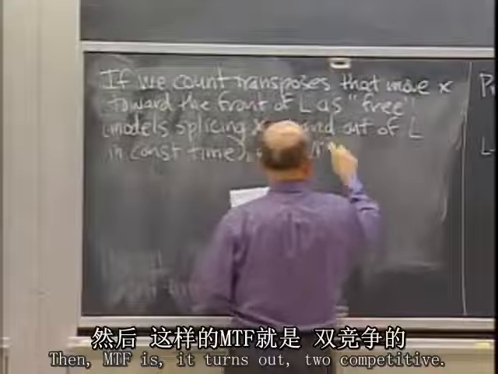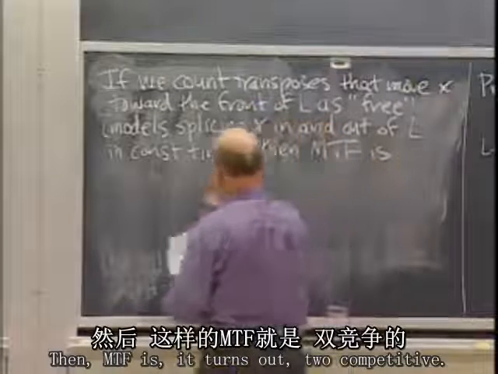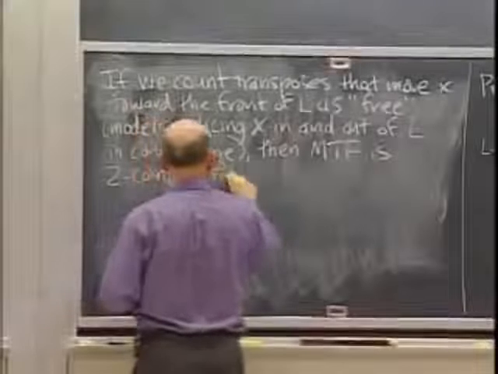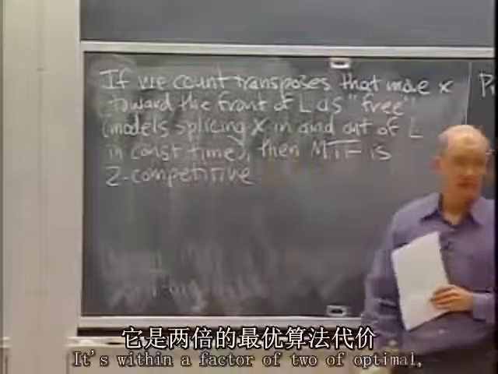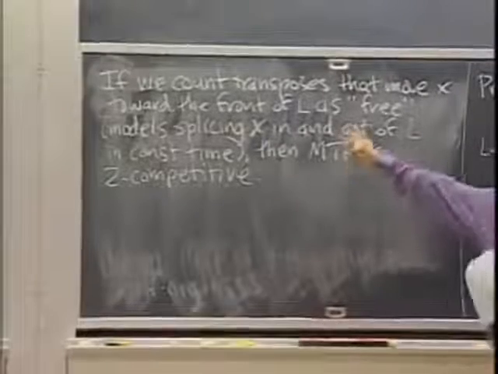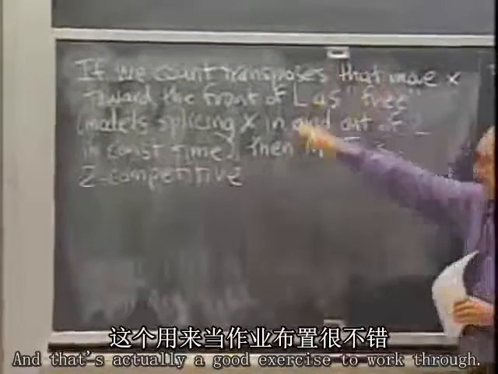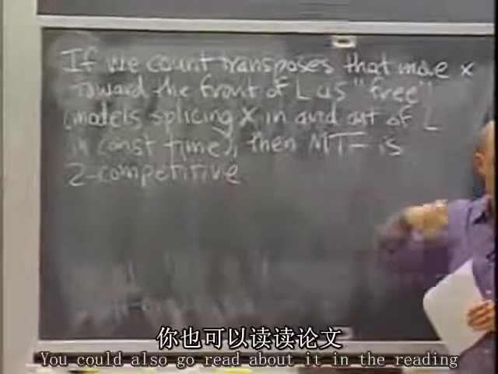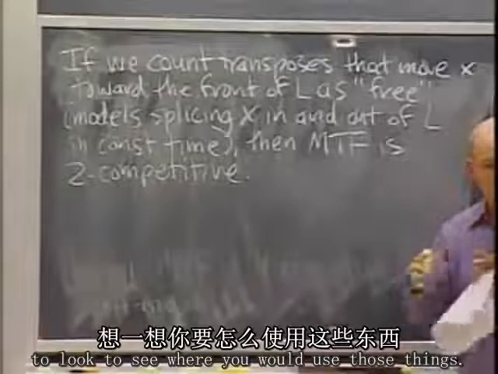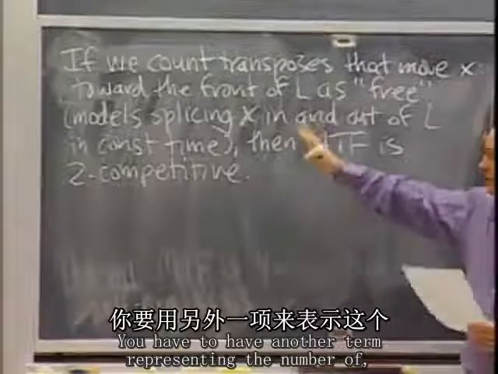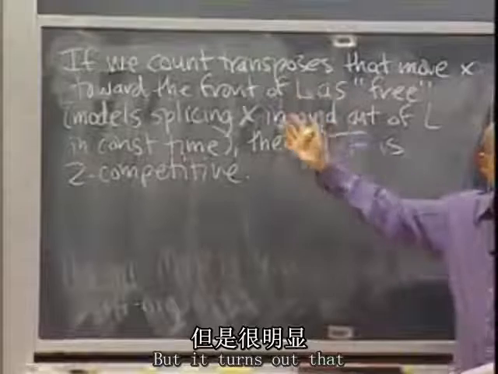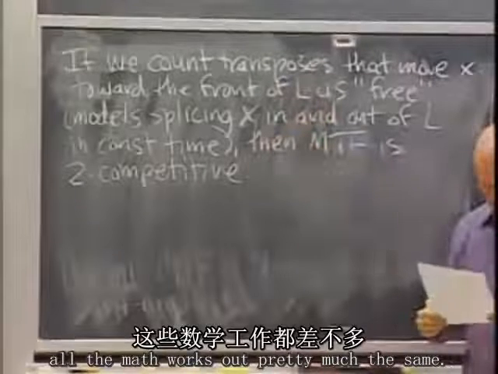And MTF, it turns out, is 2-competitive. It's within a factor of 2 of optimal, if you use that. That's actually a good exercise to work through. You can also read about it in the reading. To understand this better, look to see where you would use those things. You have to have another term representing the number of, quote, free transposes. But it turns out that all the math works out pretty much the same.